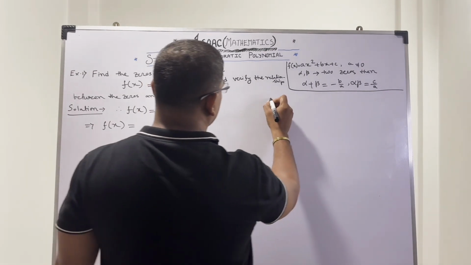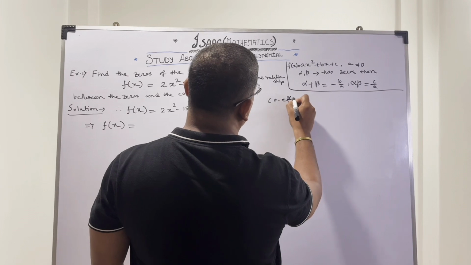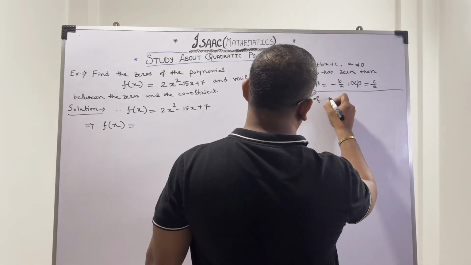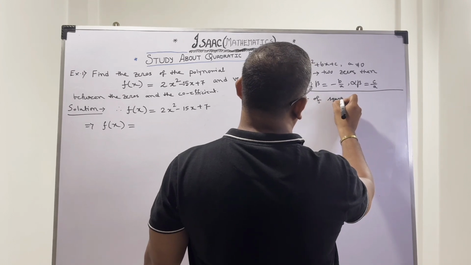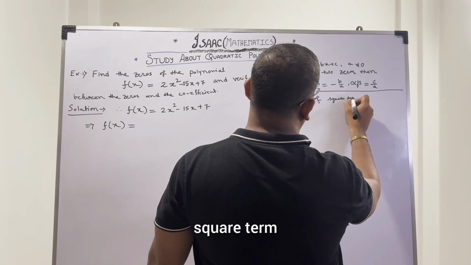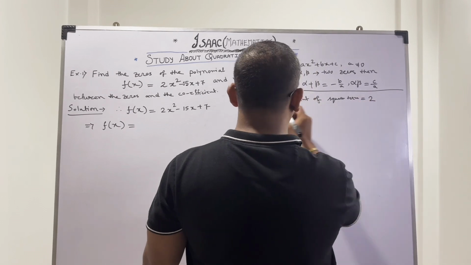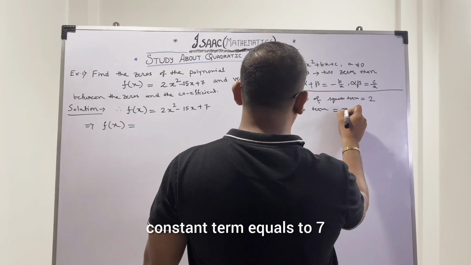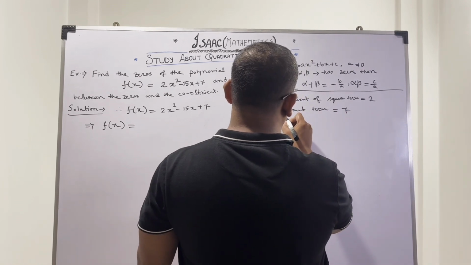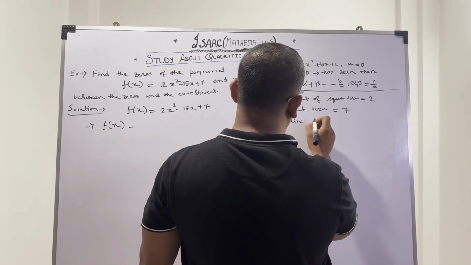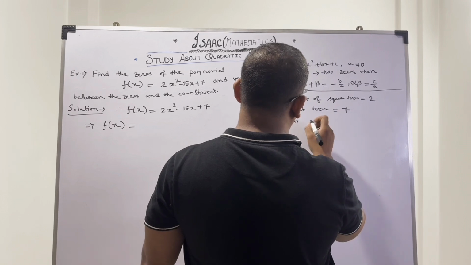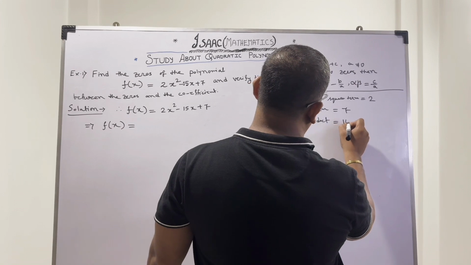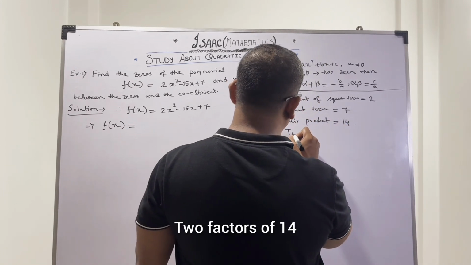So here the coefficient of the square term equals 2, the constant term equals 7. Their product equals 14.